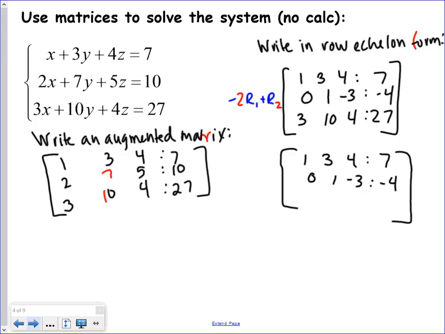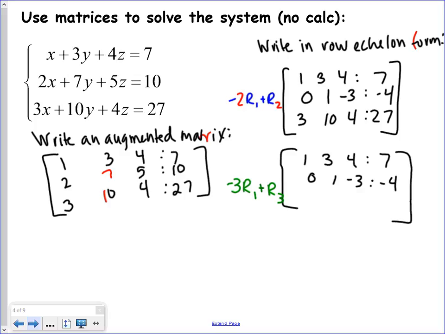What is something you might do to row 3 to get us in row echelon form? -3R1 plus R3, and if the math checks out this time, that actually cancels out both the first 2. So I don't know if the next one's going to be 1. Okay, so -3 times row 1 plus row 3. Again, we're using the leading 1 from the first equation to get that first column to be a 0, which is what we're looking for.